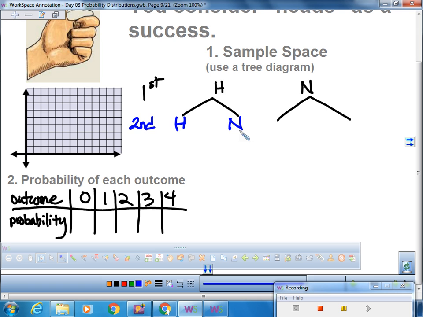Heads. Okay. So the third time you flip the coin, you get heads or no heads. You get heads.